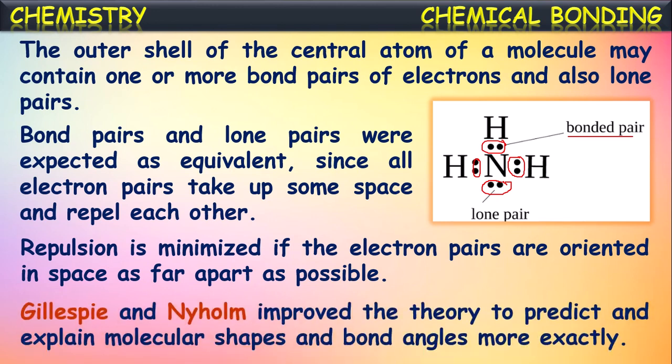Gillespie and Nyholm improved the theory to predict and explain molecular shapes and bond angles of molecules more exactly. These two scientists improved this theory and gave instructions to predict and explain the molecular shapes of most molecules, and even bond angles, more exactly.